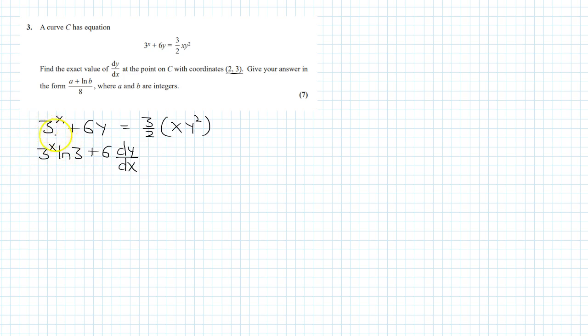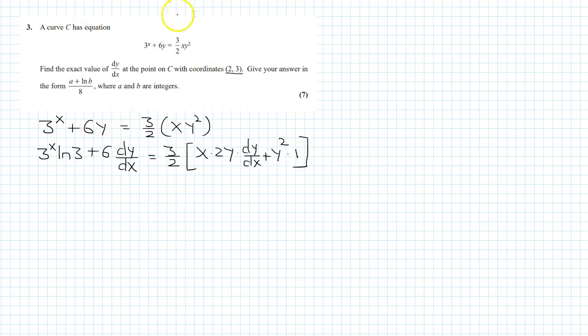You always get this kind of question in exam to differentiate, so don't get confused here. Is equal to 3 over 2 first function into differential of second, 2y. Don't forget to write dy over dx where y is there, plus second function y square and differential of first, that is 1.